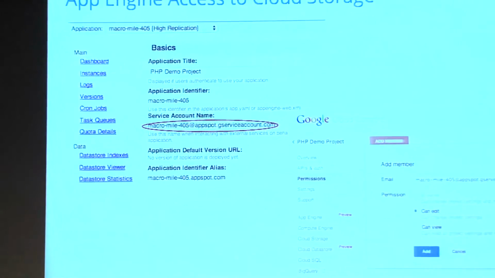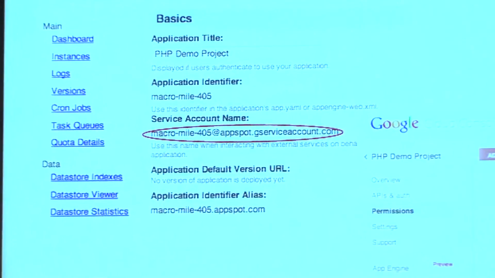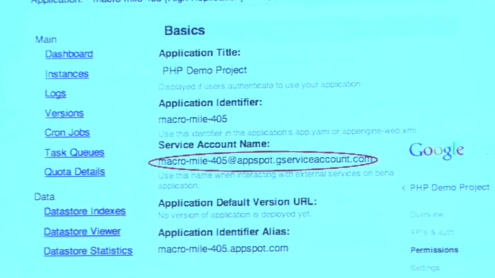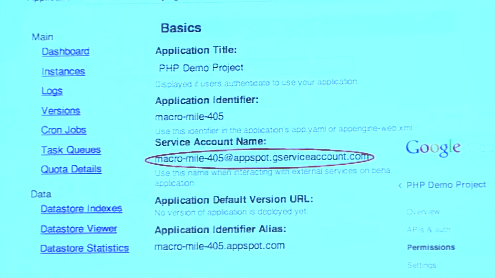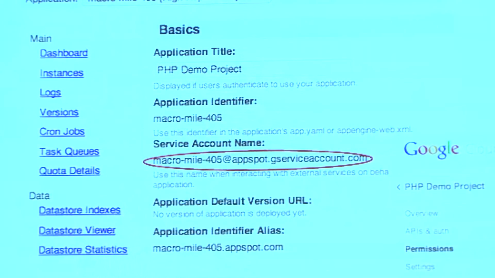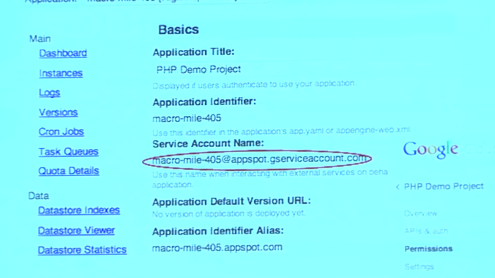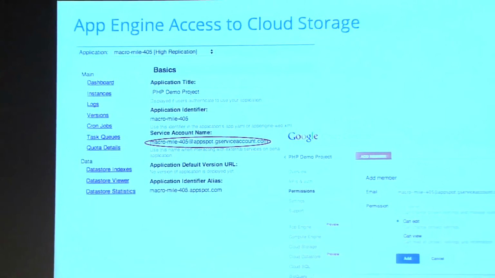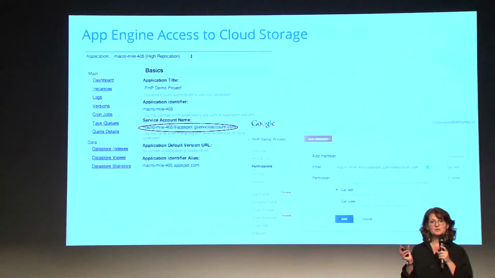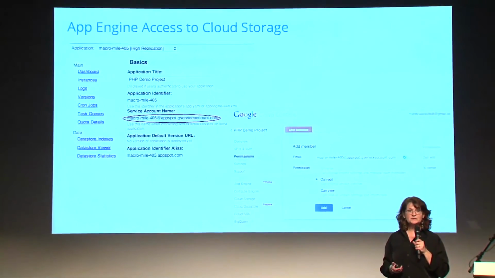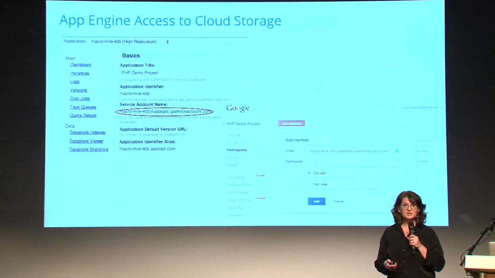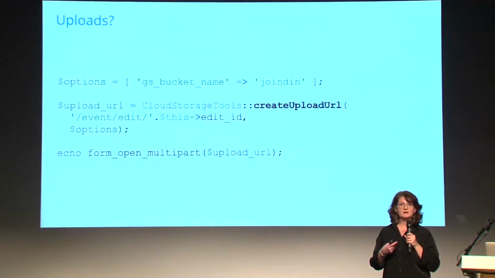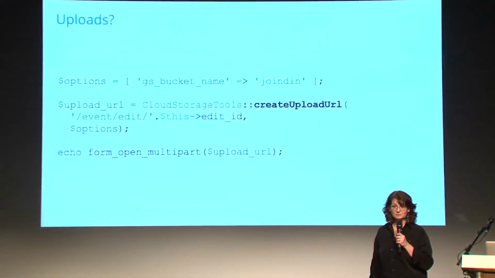So again, this is spelled out in the documentation, but essentially every App Engine app has a so-called service account email, and you need to add that service account email to the permissions of your project, the project in which you've defined your bucket. And once you do that, the App Engine app communicates with your cloud storage bucket without any other configuration required.